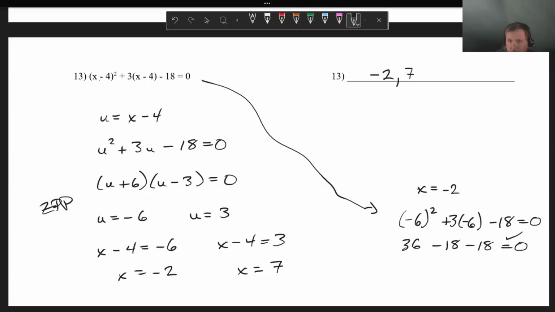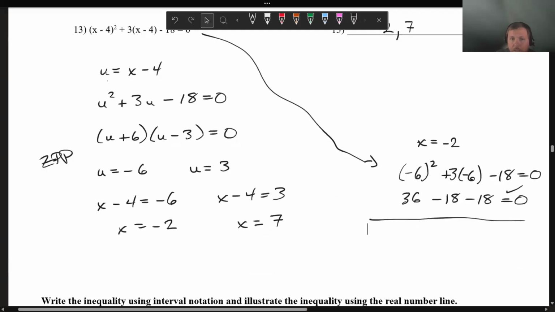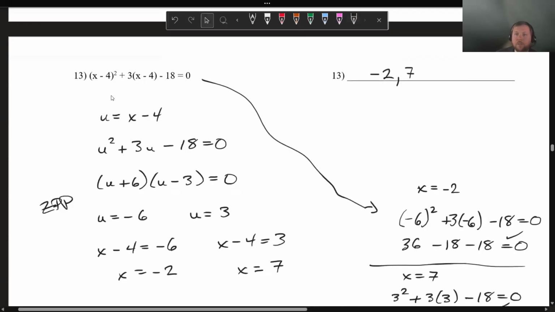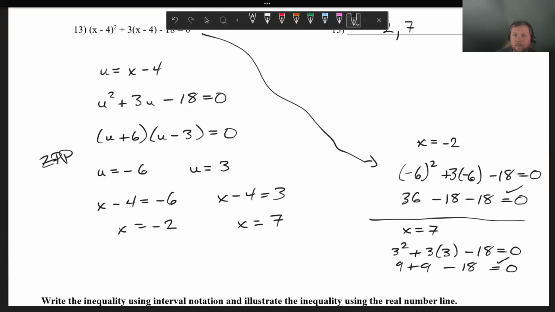Yeah, that's 0. And then if x is equal to 7, I have 3 squared plus 3 times 3 minus 18, is that equal to 0? So I have 9 plus 9 minus 18 equals 0. So yeah, that one works too. So I'm happy with these.